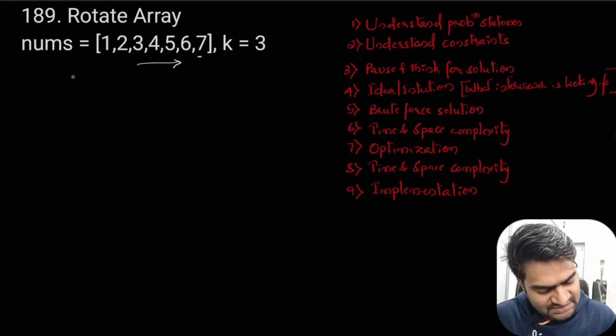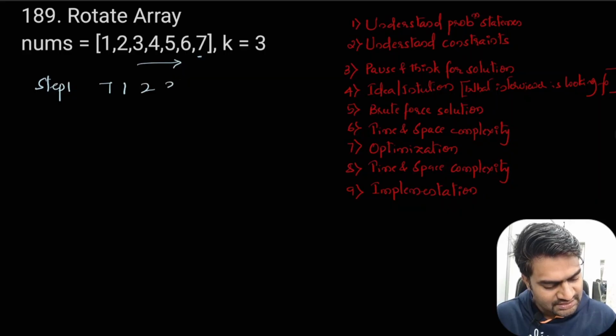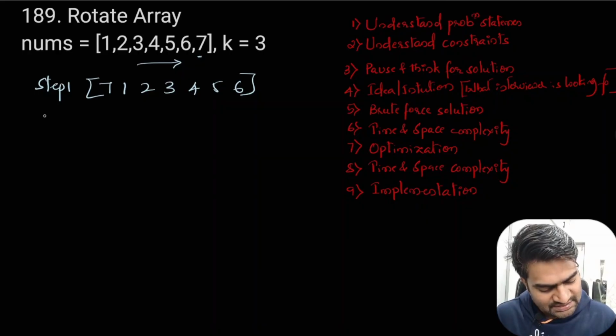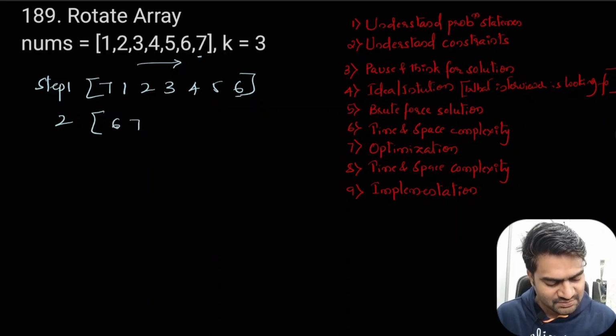So step 1 will be 7, 1, 2, 3, 4, 5 and 6. This is one step. Next, the second step would be 6, 7. This time this will come at the beginning, that's why it starts from 6, 7, 1, 2, 3, 4 and 5.